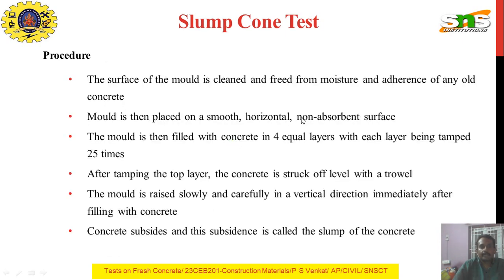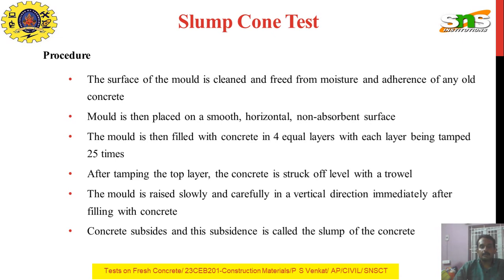The procedure for conducting the test is: the surface of the mold is cleaned and freed from moisture, and adherence of any old concrete is removed. The mold is placed on a smooth horizontal non-absorbent surface and it is filled with concrete in 4 equal layers, each being tamped 25 times.